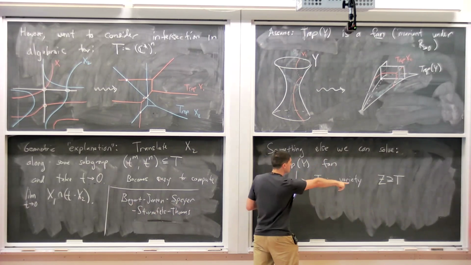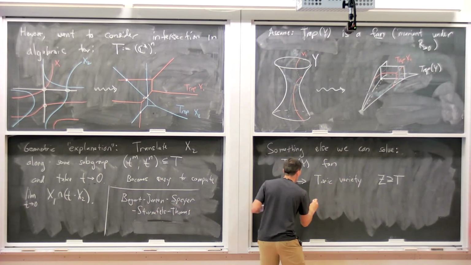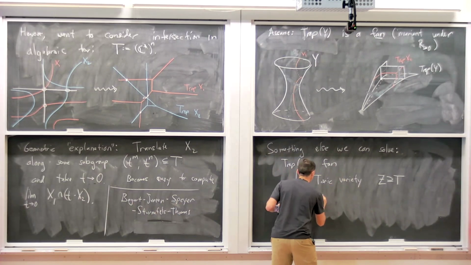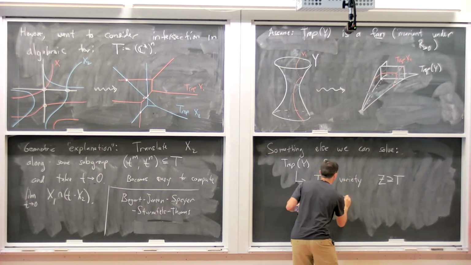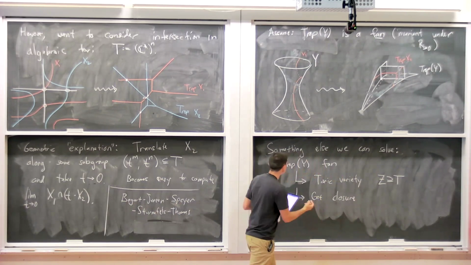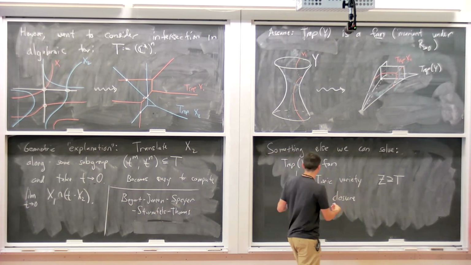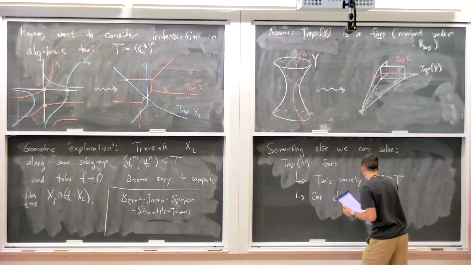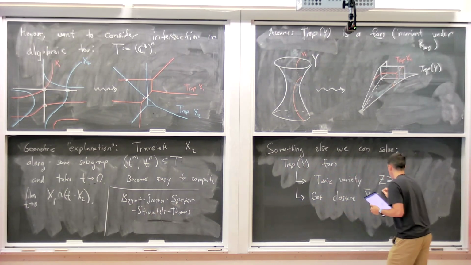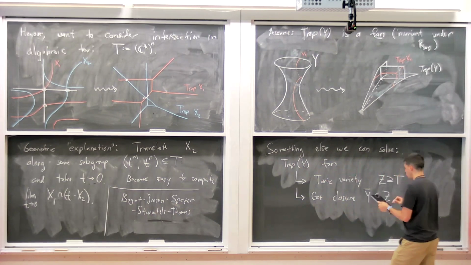And we can take the closure of Y, which is a compactification of Y, Y bar, inside of this toric variety.